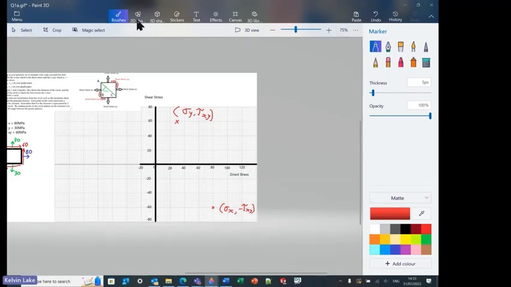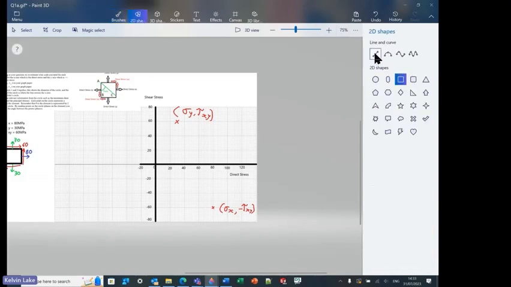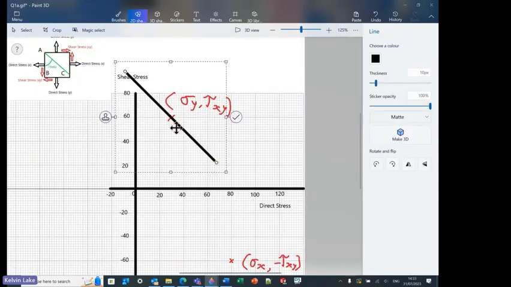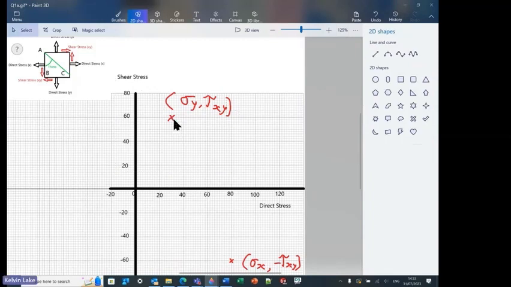So let's do that. 2D shapes, draw our line. We're going to draw a line between, just zoom in a little bit, draw a line between there and there.